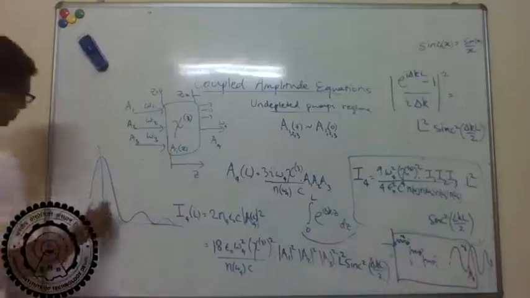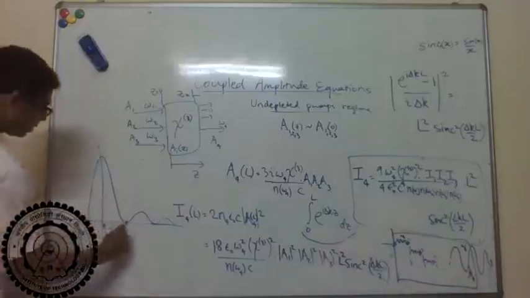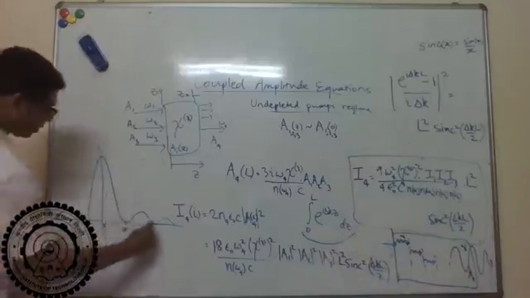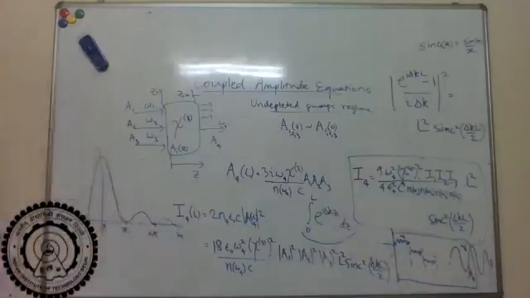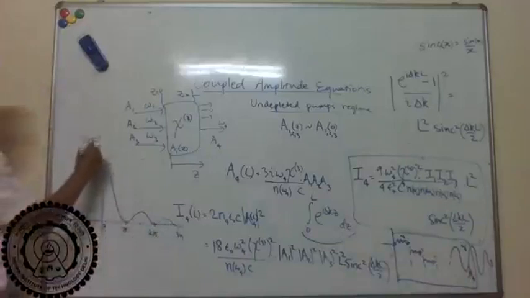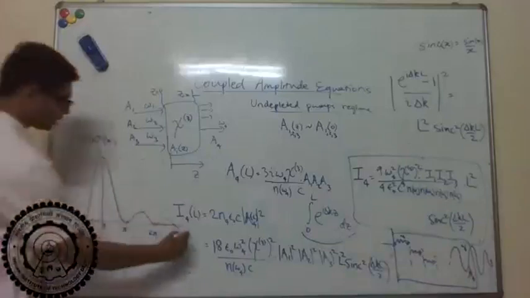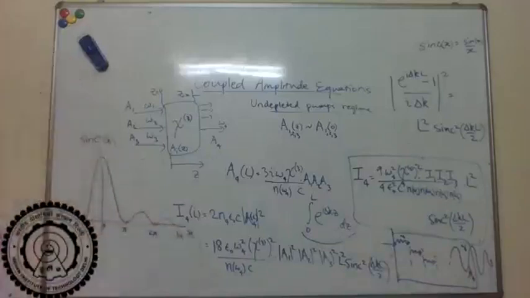So it peaks at 0, then it has minima at pi, 2 pi, etc. So this is sinc square x versus x. But at 0 it is 1. Similarly on the other side.